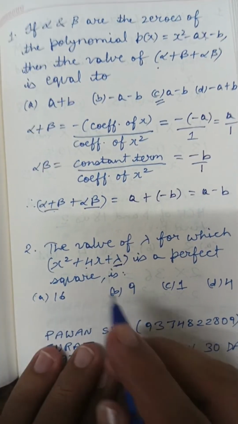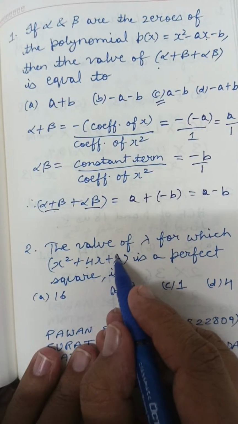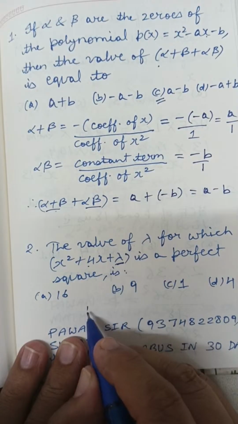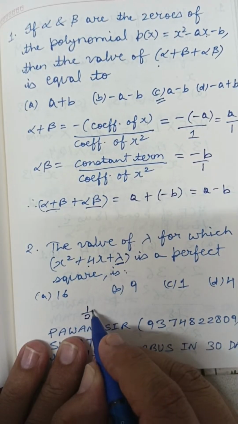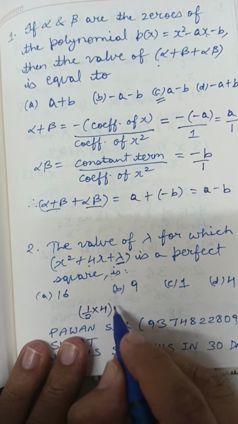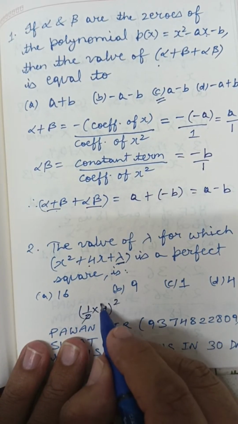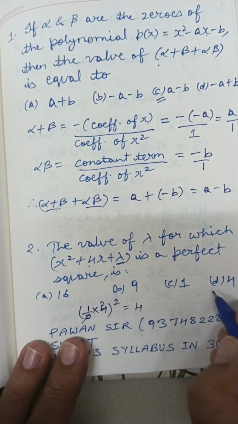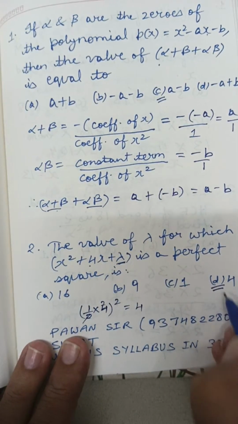So to find the constant term in this, what you have to do? Do the half of 4 and then do its square. So 2 square is 4. So option D is the correct answer.